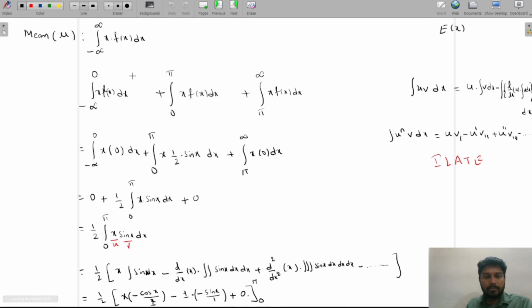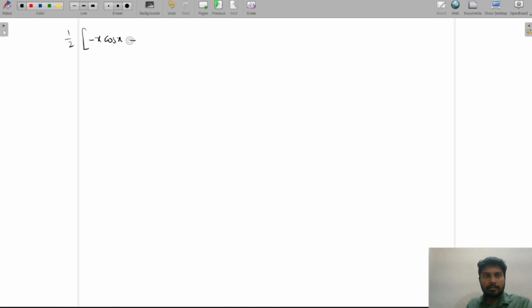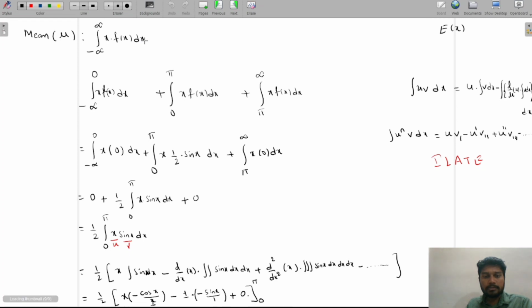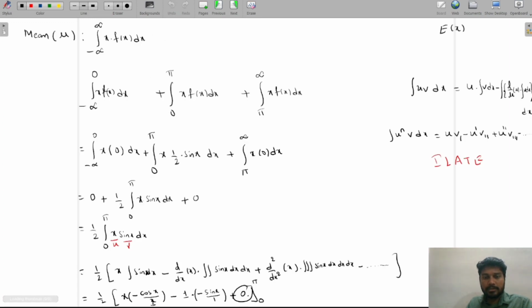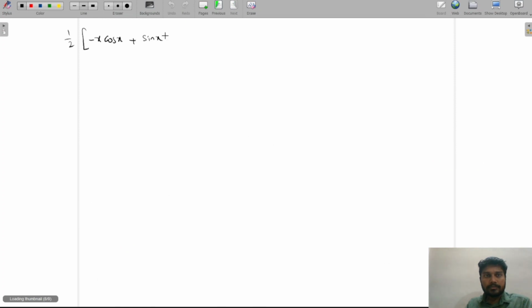Next, minus into minus plus 1 into x, 1 into sin x. So sin x. Next, the third term is 0. So I'm writing, we are having only 2 terms, right? And the limits are 0 to pi.